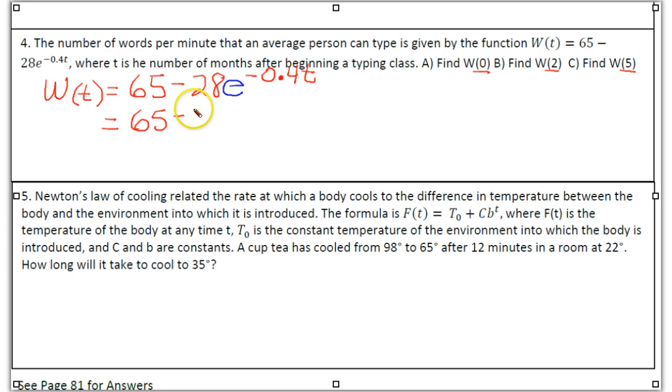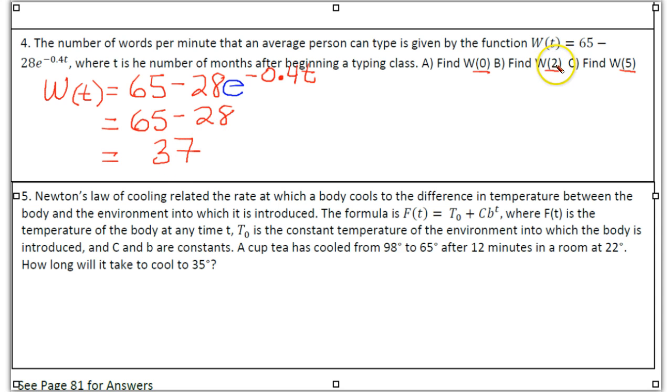So this will be minus 28. And then this will give us 37. So at the beginning, after some lessons, apparently you can type 37 words per minute.